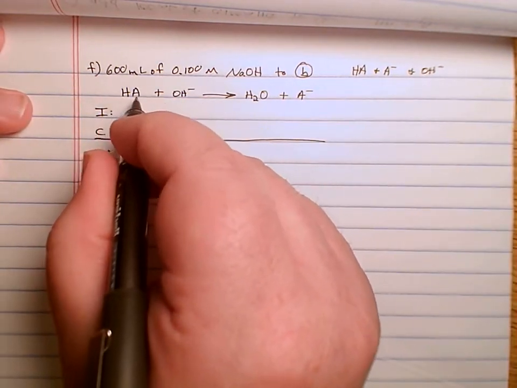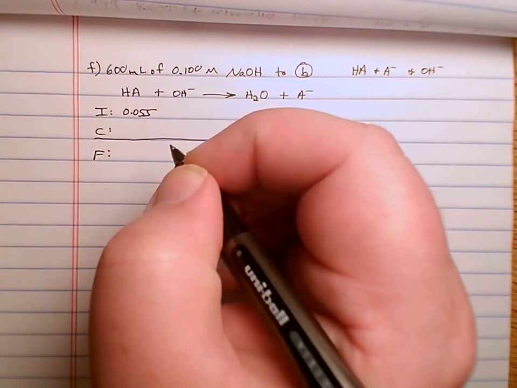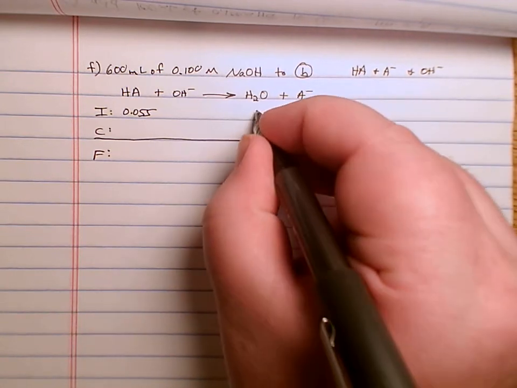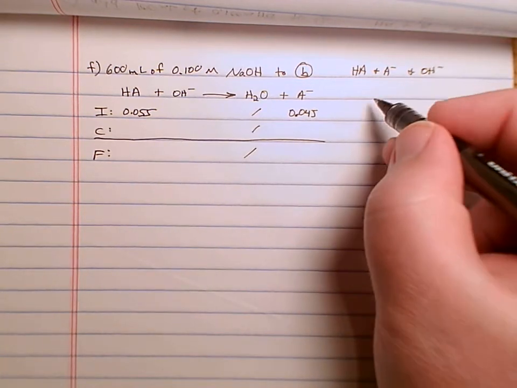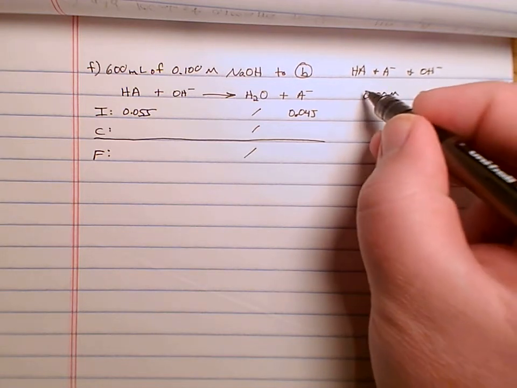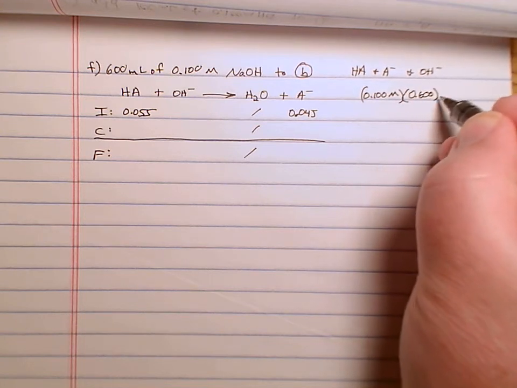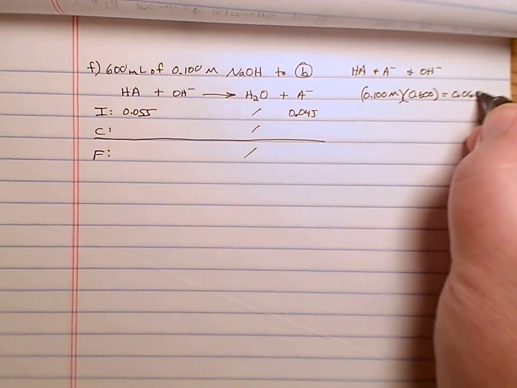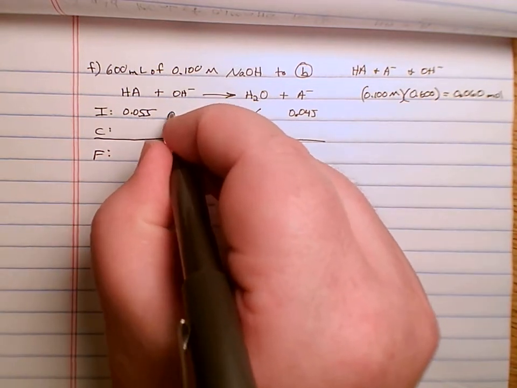Since this is our original buffer solution in B, recall we have the 0.055 moles right here. We've got our 0.045 moles of A minus. We're not going to worry about the water. We need to find out the number of moles of OH minus. Just as we've done before, we've got 0.100 moles per liter times the liter, 0.600 liters. Math is easy. That gives us 0.060 moles of OH minus.